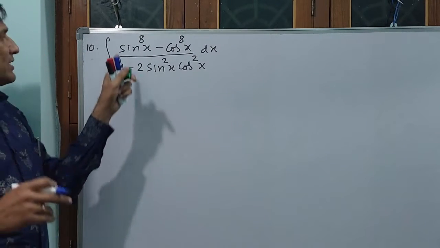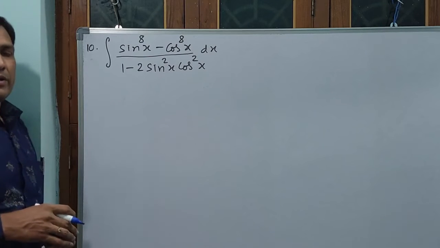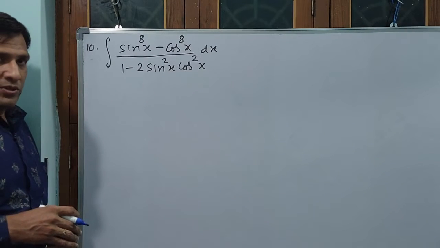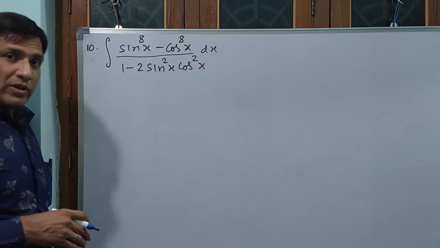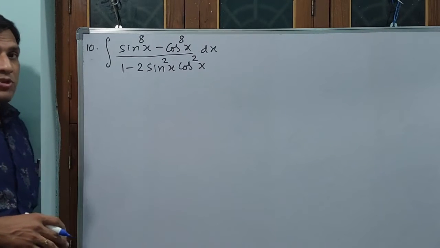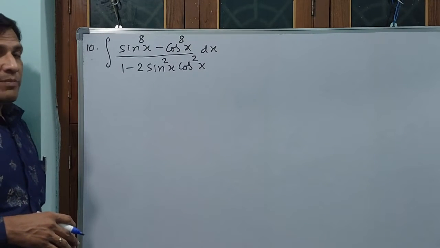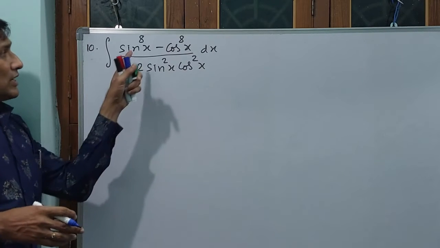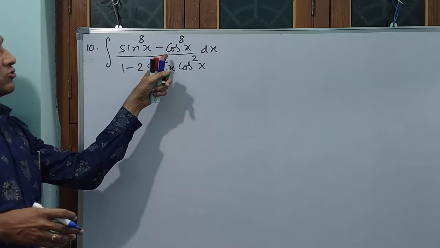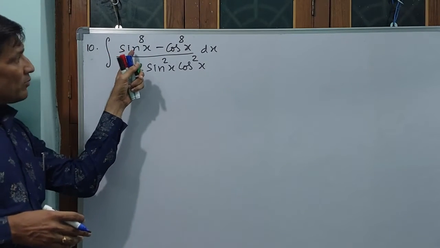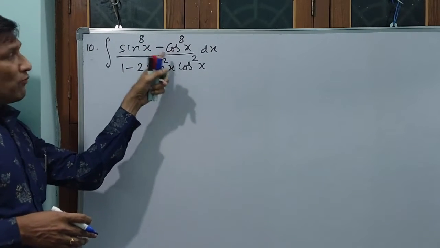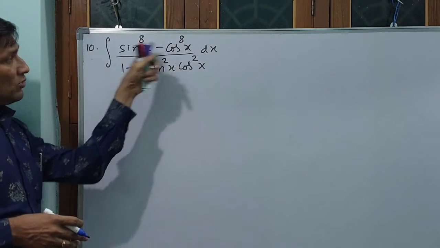First you consider the numerator as a square minus b square, a plus b into a minus b. A square minus b square means you are going to write a plus b into a minus b: sin to the power of 4x plus cos to the power of 4x into sin to the power of 4x minus cos to the power of 4x. Like that you have to write it. Then only this will come.